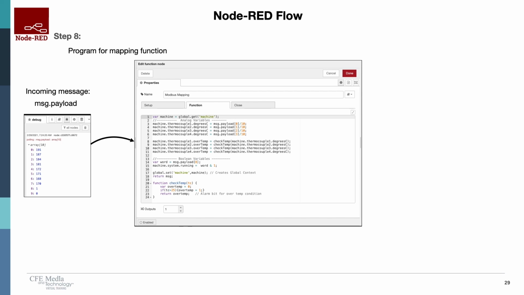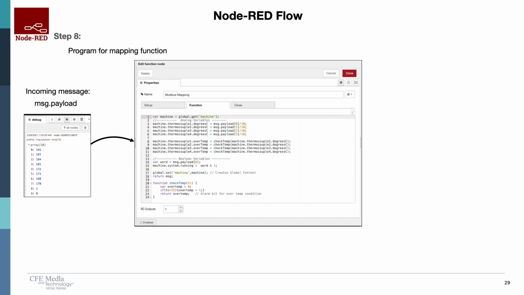In this example, 191 is in register 0. So we're going to take payload 0 and divide by 10 and move that into the thermocouple 1's degrees Celsius variable. And we would do the same for the other 4.